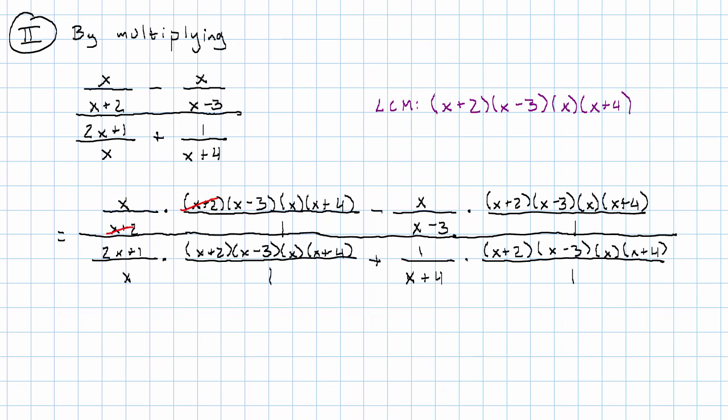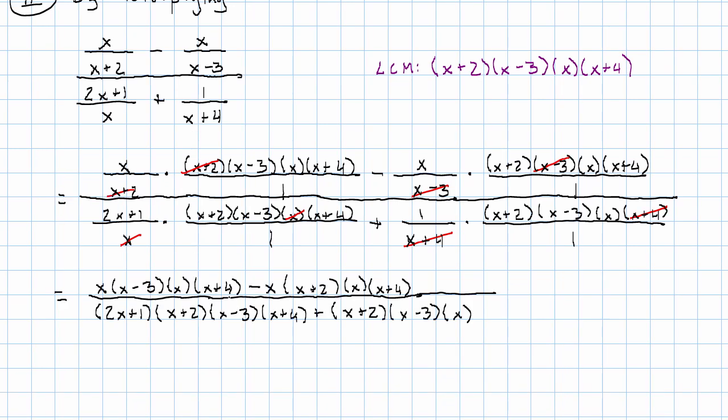But now we have those canceling, and those canceling, and those canceling, and those canceling. Something that looks like that. Now, to make our lives simpler, we might want to go through our numerator and denominator and pull out any common factors before we do any multiplying.